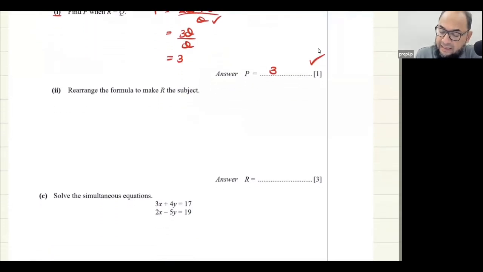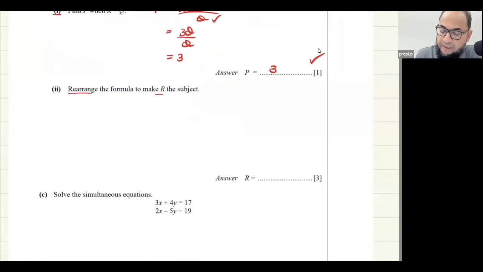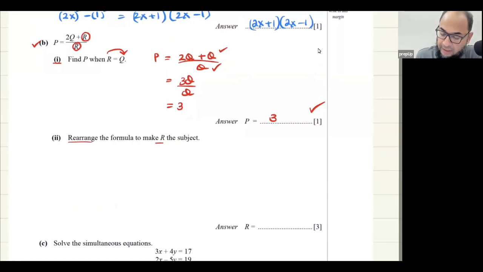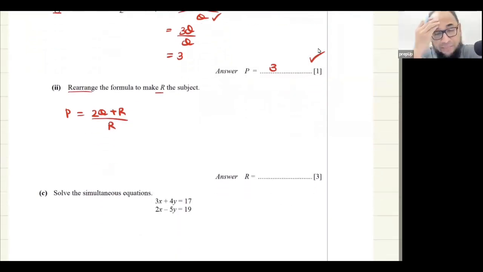It says rearrange the formula to make r the subject. So P is equal to (2q plus r) over r. Let me solve it in two ways. So now the first way is this one, method 1. That is divide by r. So if I divide, therefore P is equal to 2q over r plus 1.